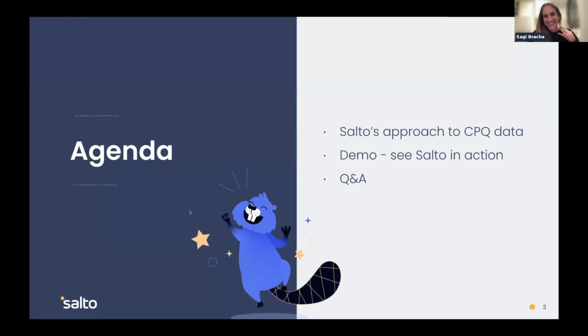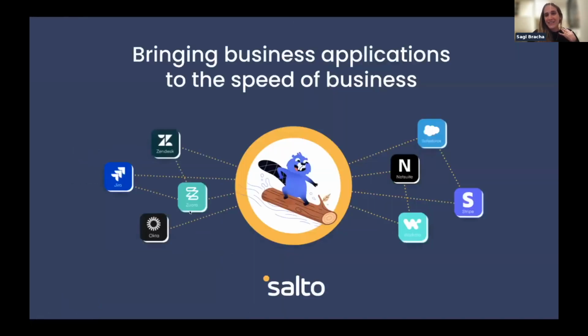Yeah. Cool. So just a few quick words about Salto. Our bigger vision is to bring DevOps practices to the world of business applications configurations. So the same problems you're experiencing when you're managing CPQ changes, other professionals are experiencing when they try to manage changes in their Jira instance, in their Zendesk environment, in their Okta.